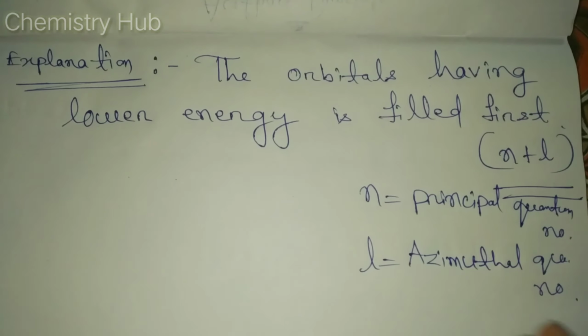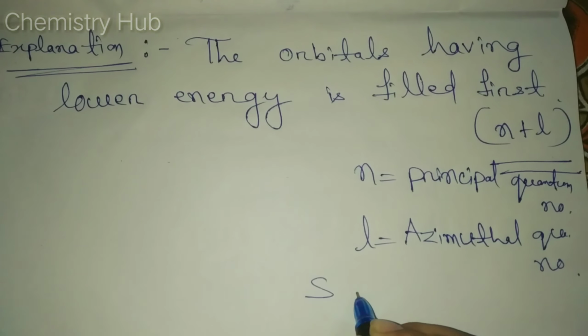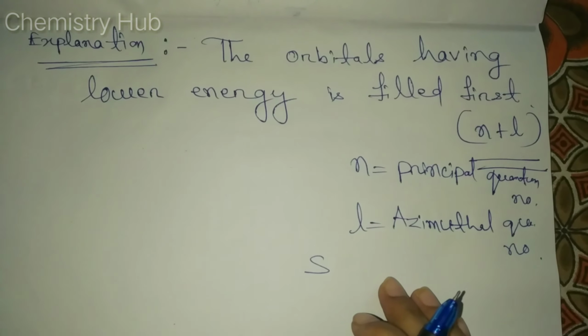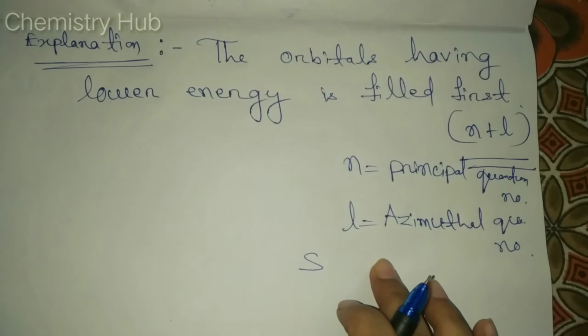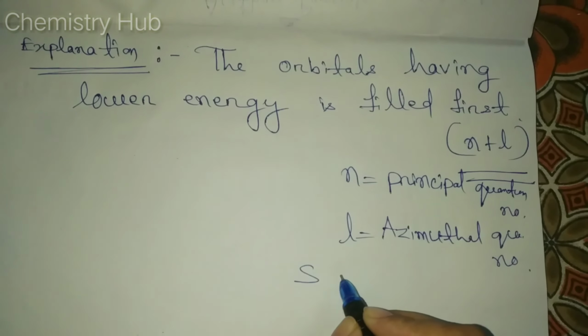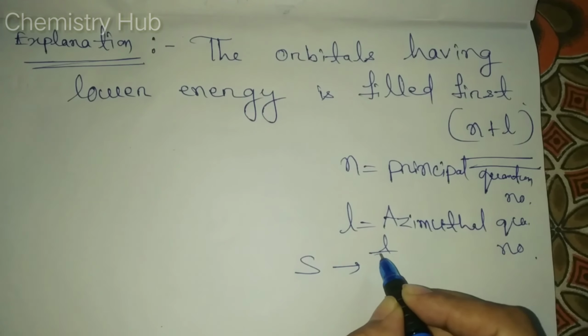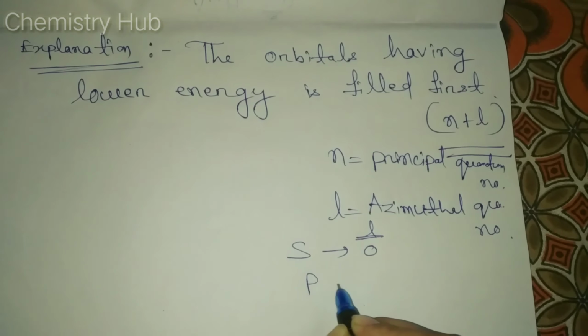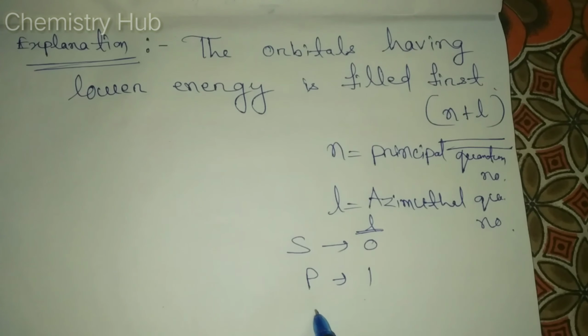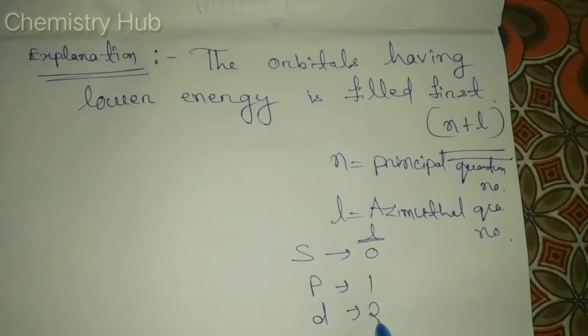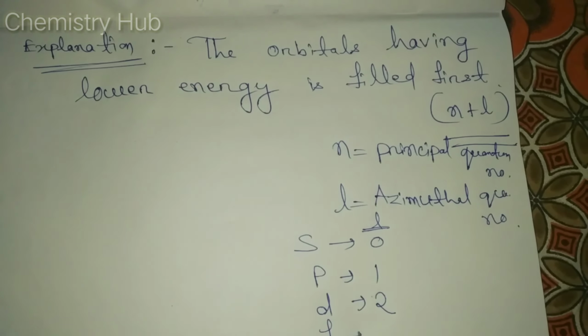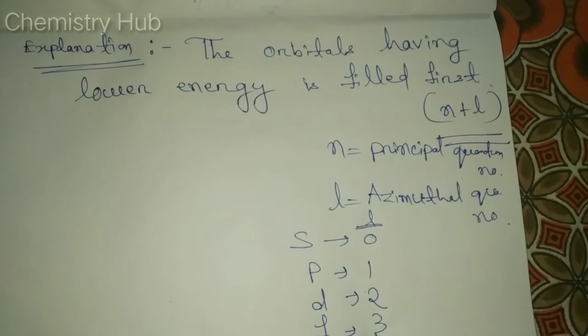And we know for s subshell, the value of l is equal to 0. For p subshell, the value of l is equal to 1. For d subshell, the value of l is equal to 2. For f subshell, the value of l is equal to 3.